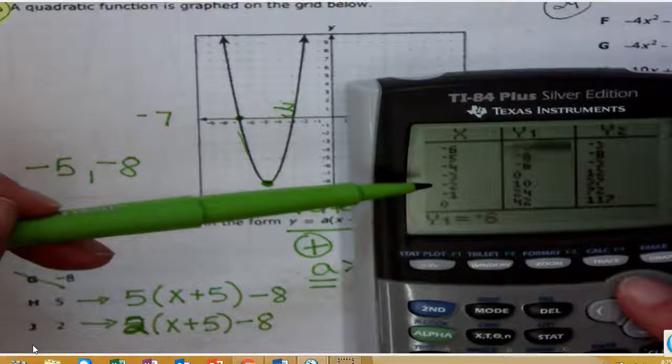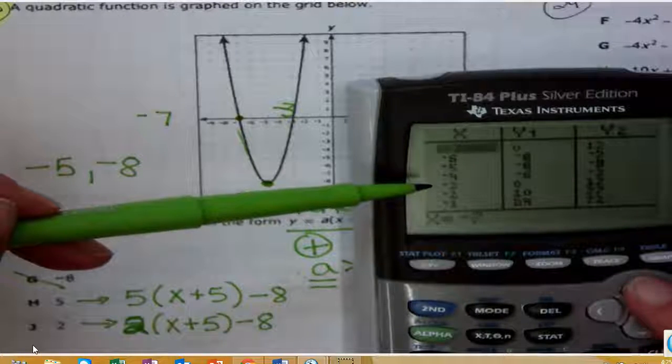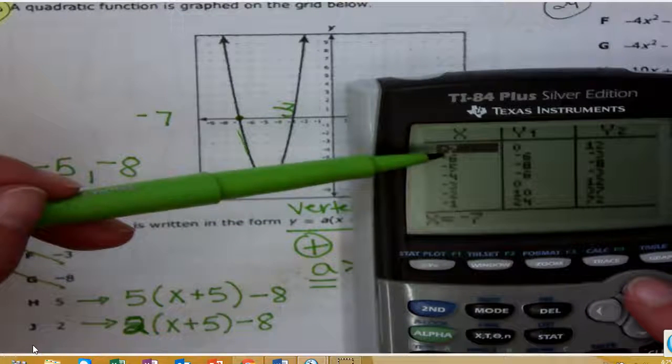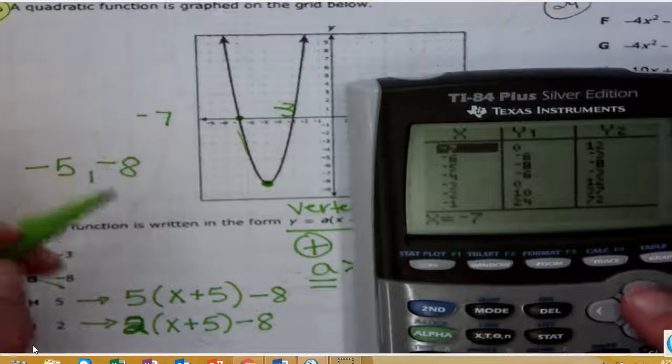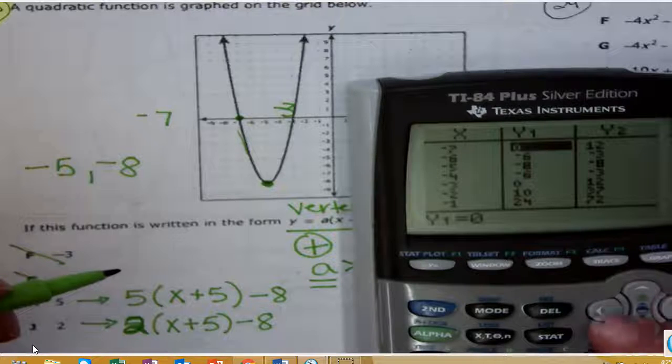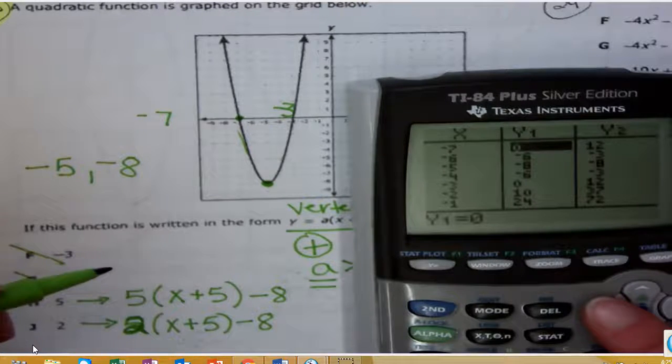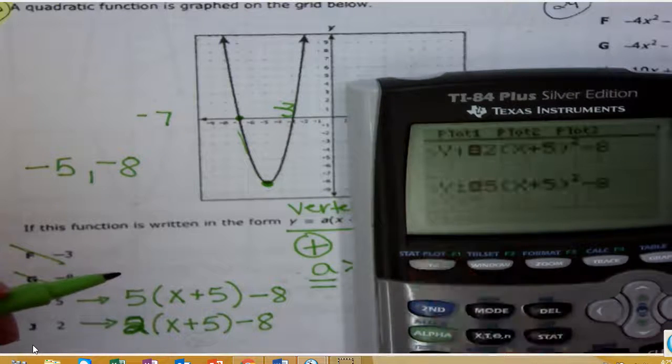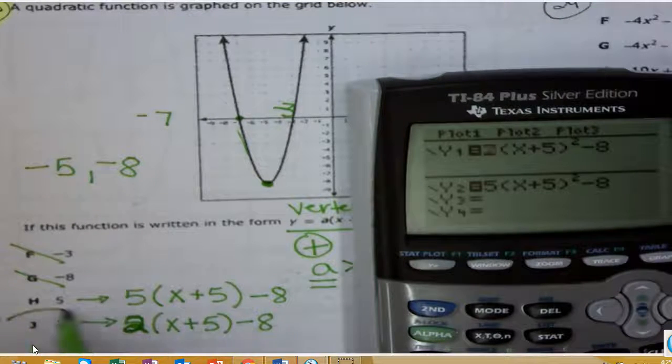Let's see if it also goes through at -7. And -7. So Y1 is going to be my answer because I plugged it in and I am seeing that these are my zeros. What is Y1 again? That was this one with the 2.